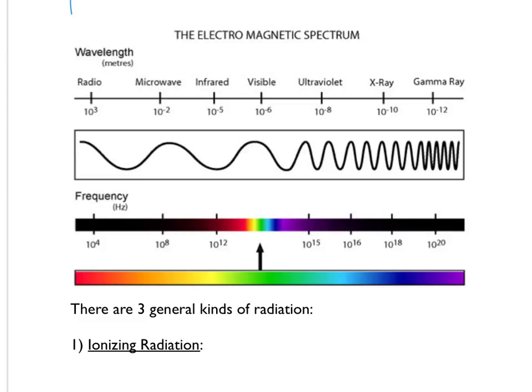Ultraviolet, UV, X-ray, and gamma ray are high frequency waves, and the higher the frequency, the more energy it carries. So as we progress along this spectrum, we are increasing the temperature of atoms and molecules, and they all have a higher frequency as a result.